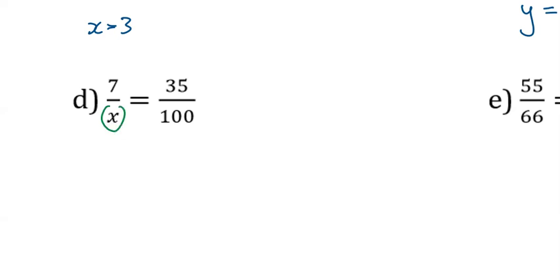And then what do? Divide both sides by 35, right? So x is 700 divided by 35, which is 20 exactly.